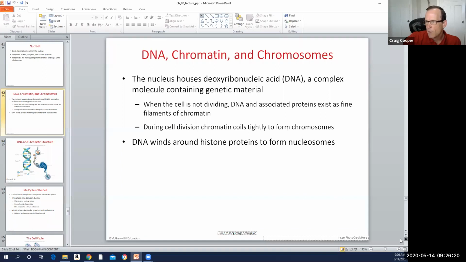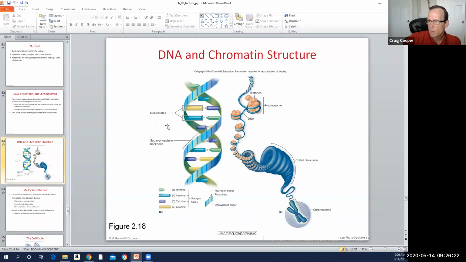Let's look at how it looks. So this is what we call the double helix structure. This is just one tiny little section of a given strand of DNA or a given strand of a chromosome. We have these nucleotide bases, and we've got 4 of them in DNA, and that's these 4 terms down here: thymine, adenine, cytosine, and guanine.